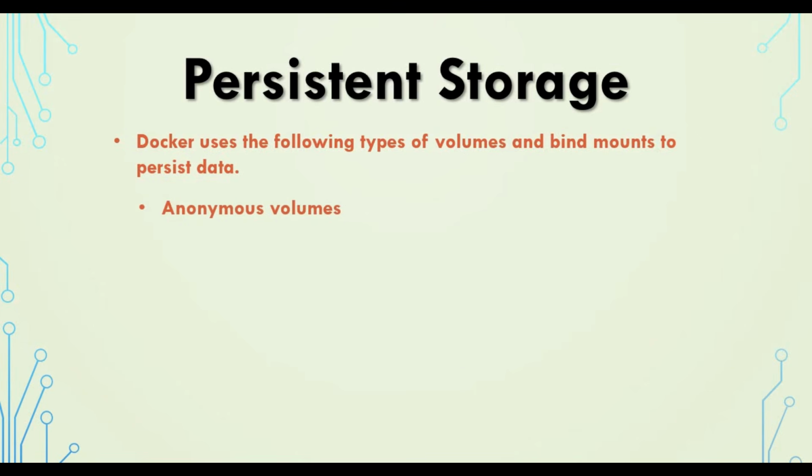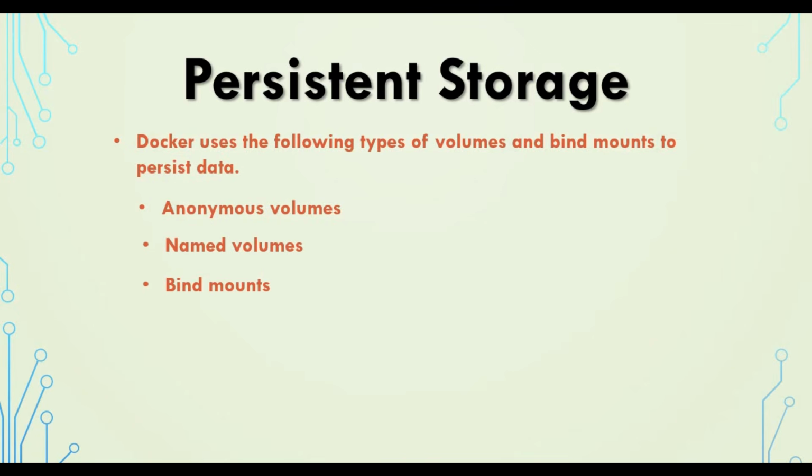Now there are different kinds of volumes. One is called an anonymous volume, you can have named volumes, and you can have bind mounts. An anonymous volume is when Docker itself creates some volumes if you don't name it specifically, like saying this is the path you want to attach and this is the name you want to give it. But usually we will use named volumes and bind mounts.